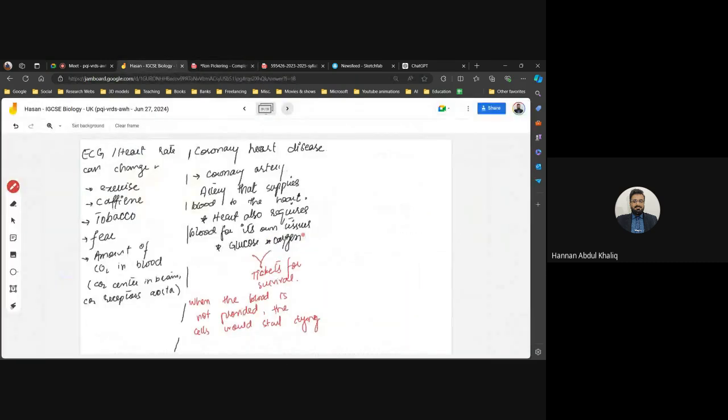The clot basically blocks it, and that clot is called a thrombus. And this problem is called atherosclerosis. Athero leads to atheroma.